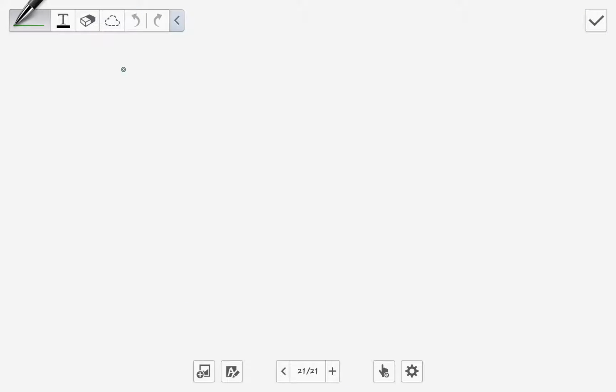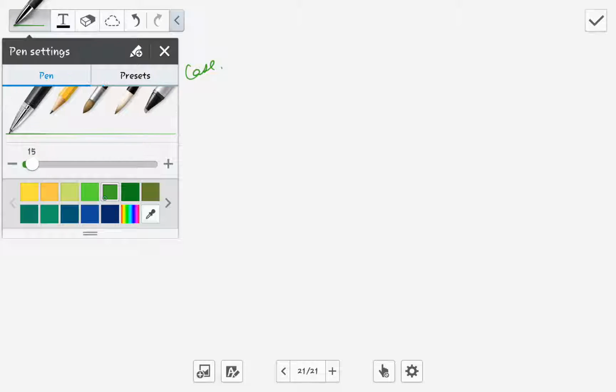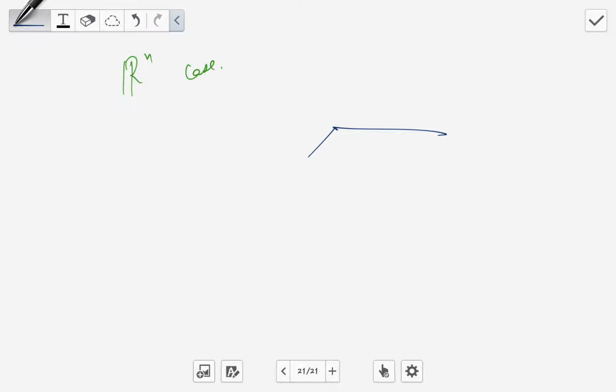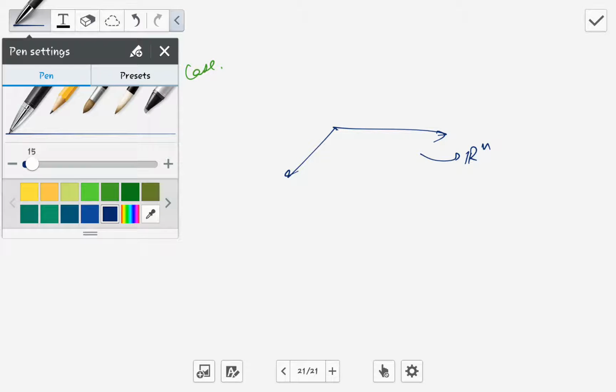Now let us say in the Rn case, say this was your Rn. Let us just draw only two axes and say this was your Rn. Okay, and then the n plus 1th dimension is this.